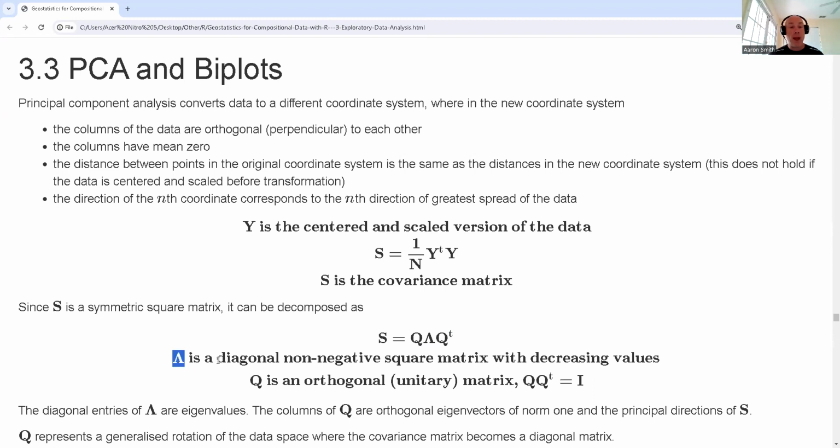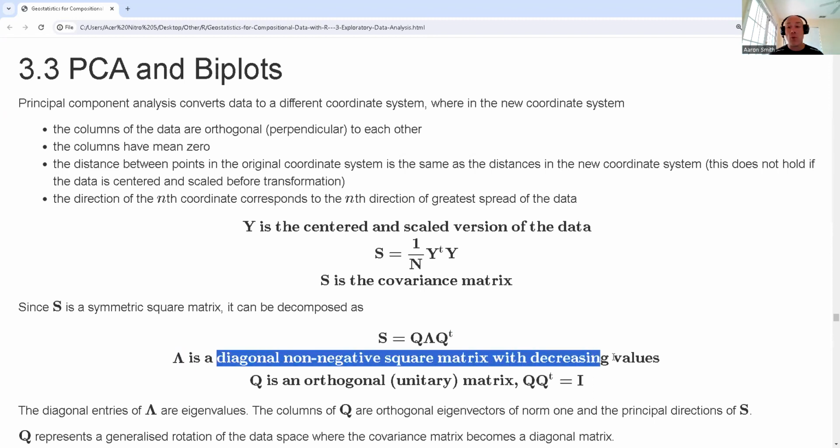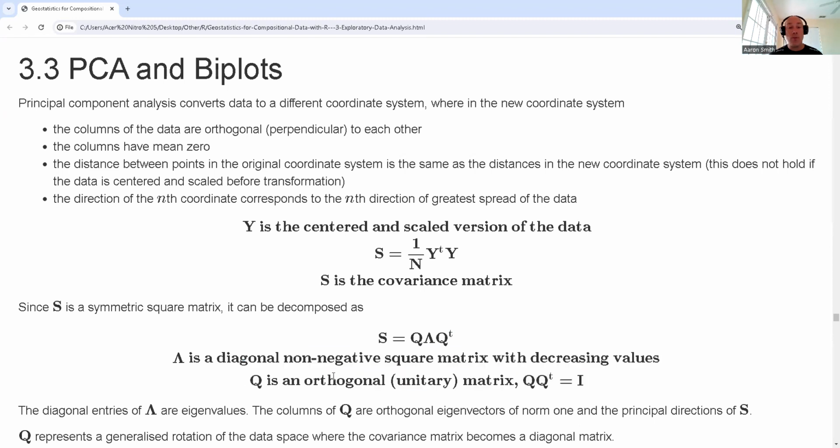So capital lambda is a diagonal non-negative square matrix with decreasing values on the diagonal, and Q is an orthogonal or unitary matrix, so Q times Q transpose will be the identity. The diagonal entries of lambda are eigenvalues, and the columns of Q are orthogonal eigenvectors of norm 1, and these are the principal directions for us.